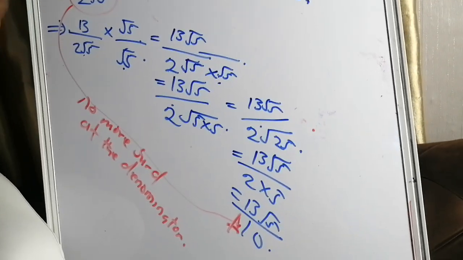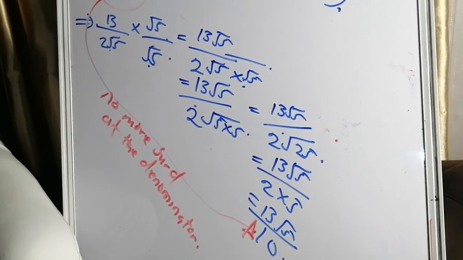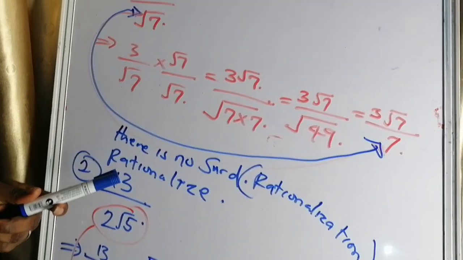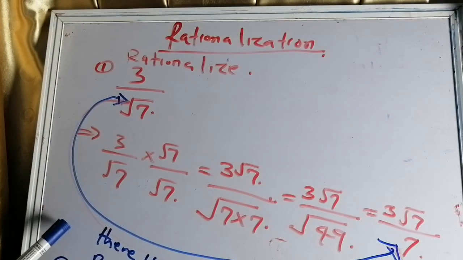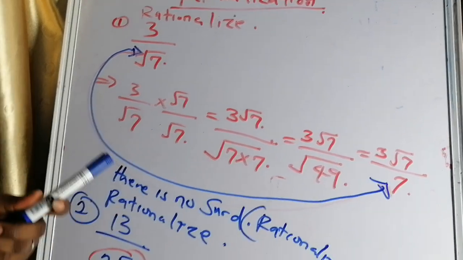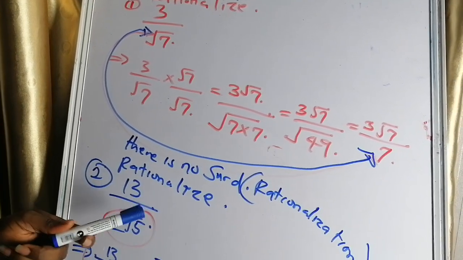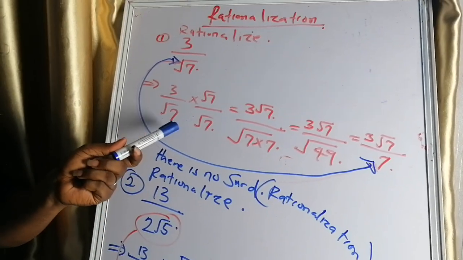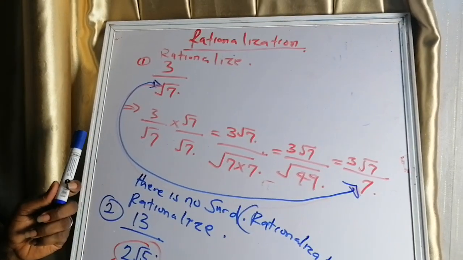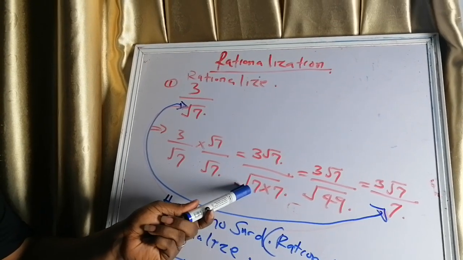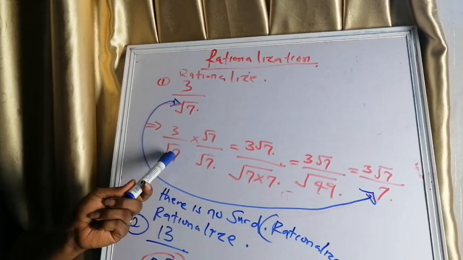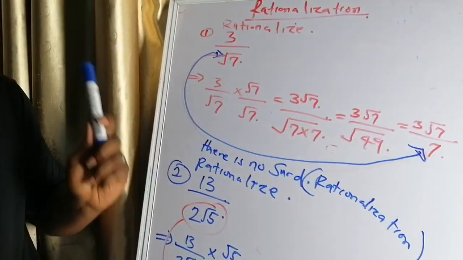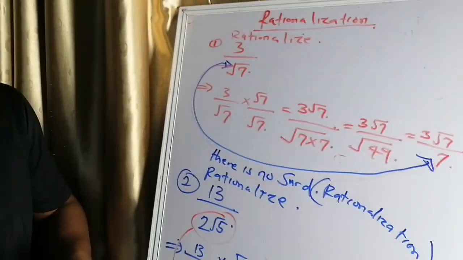You could see from the calculations we've been doing so far that we've been using multiplication in surds. That is, root of a times b is equal to root a times root b. That always shows in our calculations in surds, which is similar to root a times root a equals a. So please, that is very, very important.